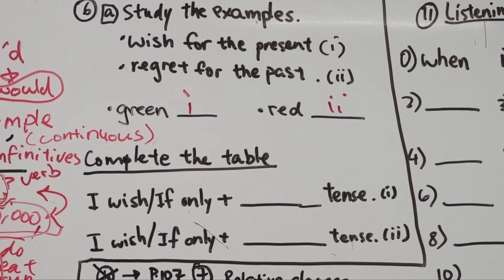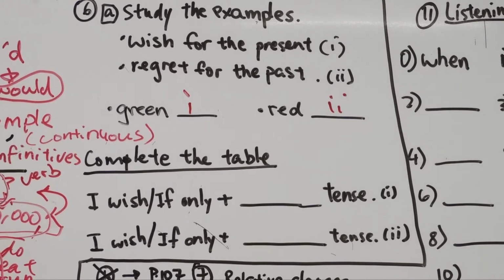So now we complete the tense table, okay? So what type of tense are they using? Are they different or are they the same? I wish I had some friends. If only I had played better. What do you think is correct?